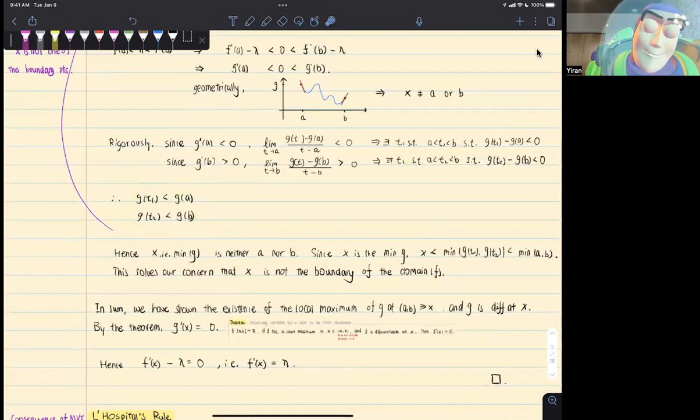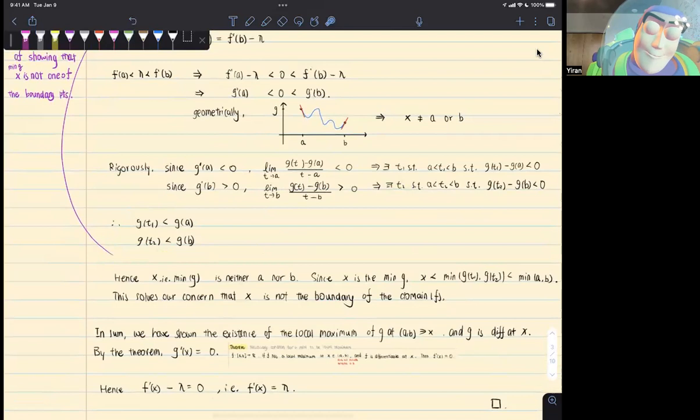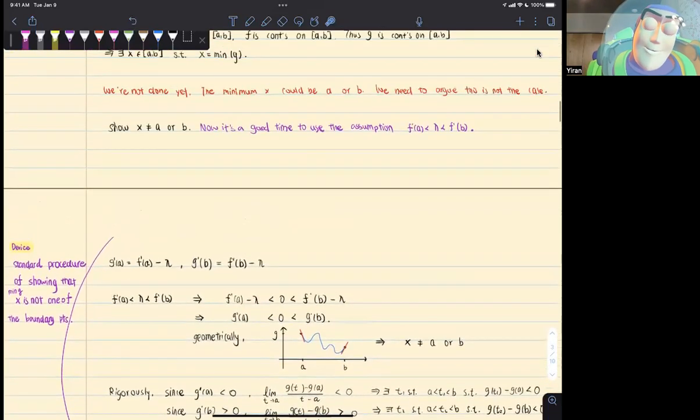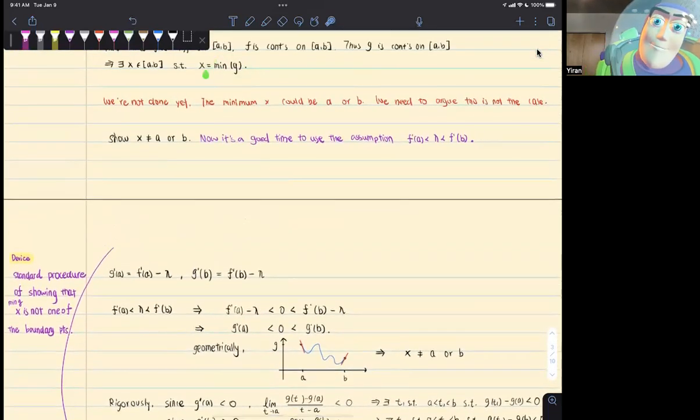And so the logic is, okay, recall what our goal is. Our goal is to show that X, which is the minimum of the function G on the interval AB, is neither A nor B, right? And what is the definition of X? It's the minimum of the function G on the interval AB.